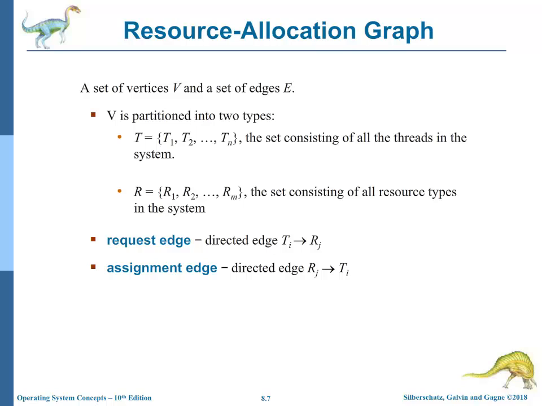And R from R1 to Rm is the set consisting of all resource types in the system. A directed edge from Ti to Rj is called a request edge. A directed edge from Rj to Ti is called an assignment edge.